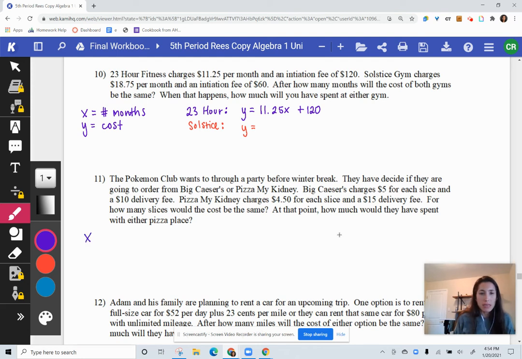So I would say x, because what is going to be changing for each of these is the number of slices that is ordered. And what we're trying to compare is the cost of both of them. So I would create an equation for Big Caesars. We've got $5 per slice plus that $10 delivery fee. And then I would create an equation for the other, Pizza My Kidney.